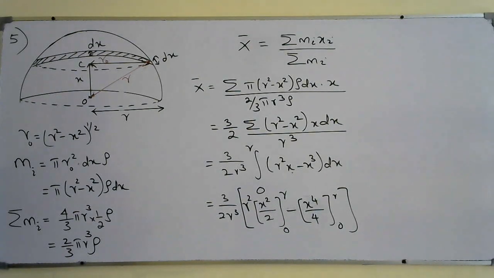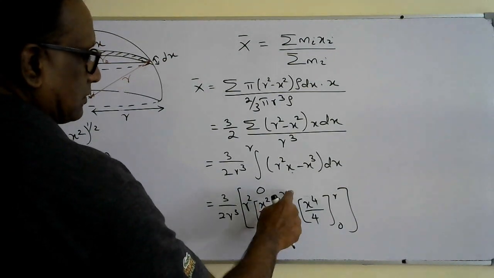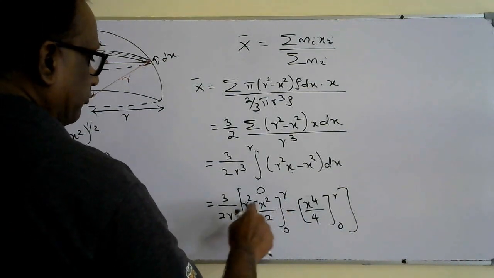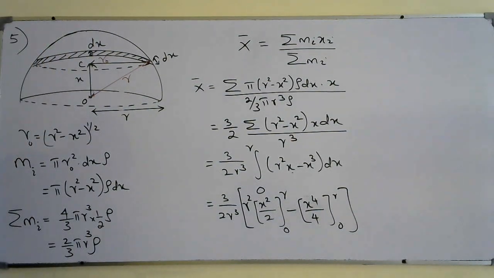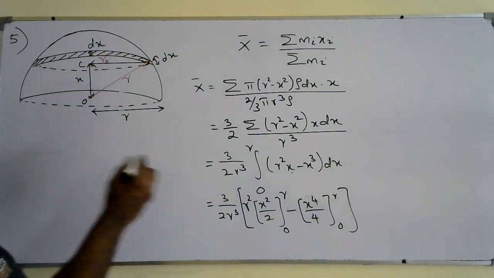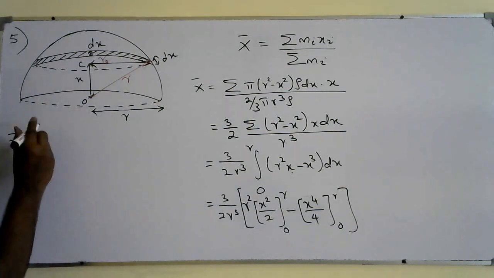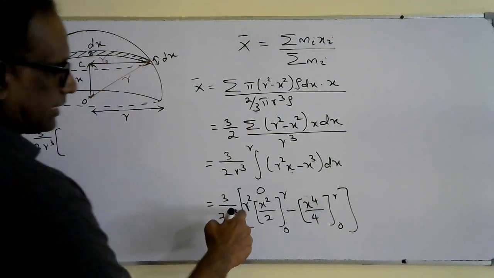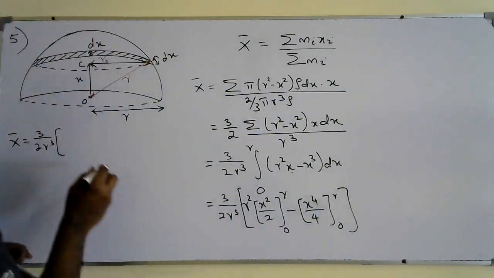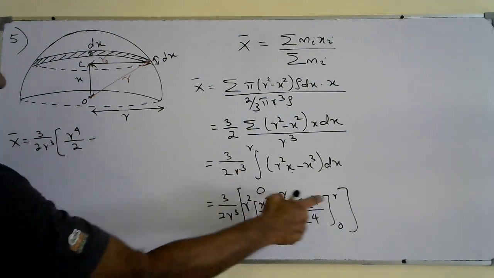Okay, solve it. So here r squared, so r to the power 4. So x bar is equal to 3 over 2 r cube times, this is r squared, here r squared by 2, so r to the power 4 by 2, minus r to the power 4 by 4 if you substitute.